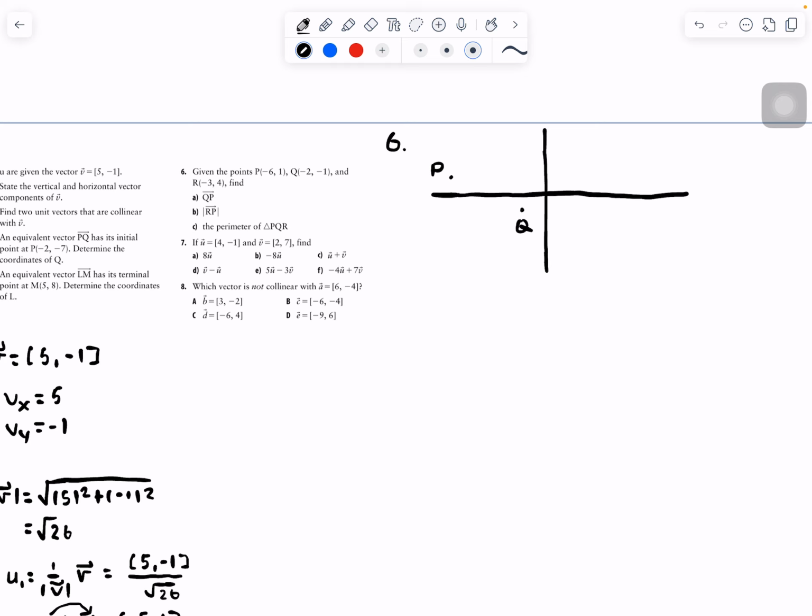And then the point R, (-3, 4), would be somewhere here-ish, I guess. Okay. Connect this up.